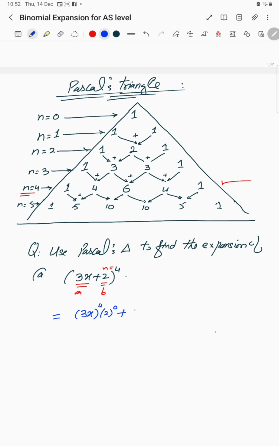plus, now it will be 3x, leave the space for the coefficient here because we will write the coefficient later on, as from the Pascal triangle.